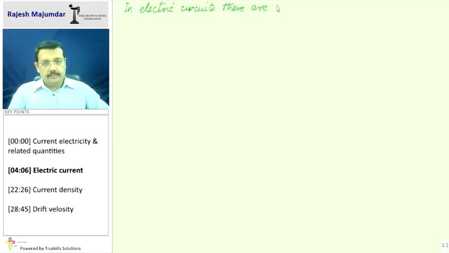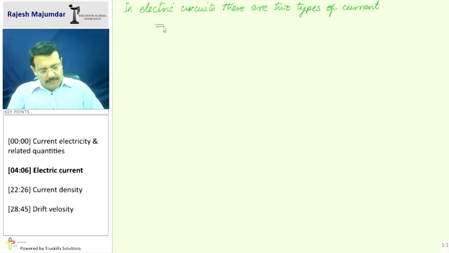In electric circuits, there are two types of current. Which are the two types? One is called direct current.